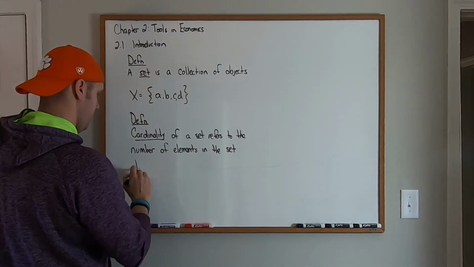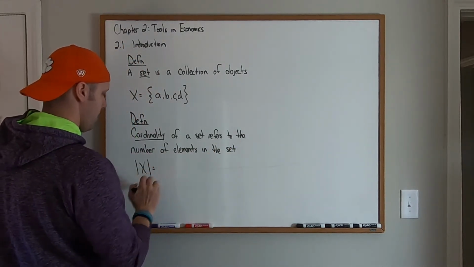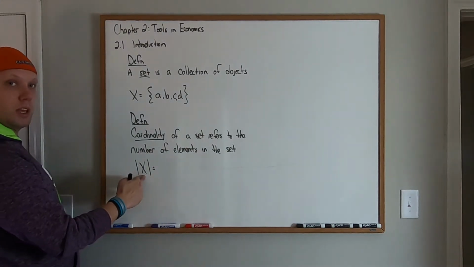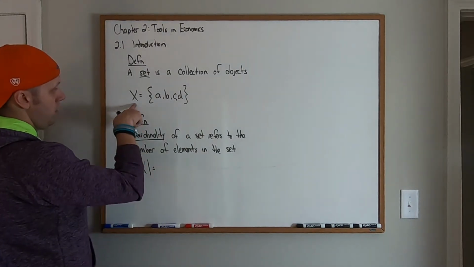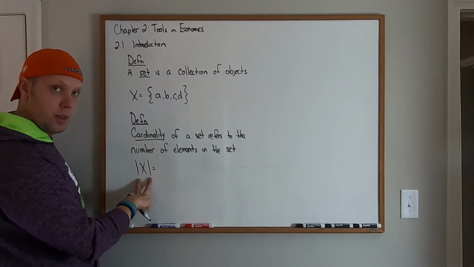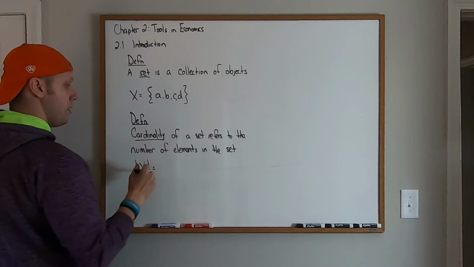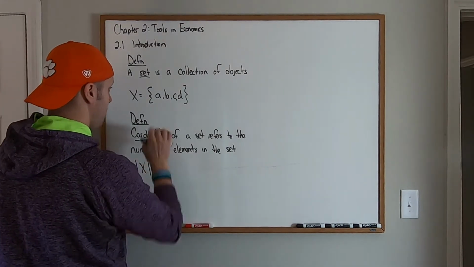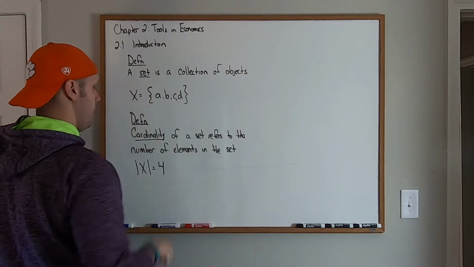For example, if I wanted the cardinality of X, which I will use the name of the set, in this case a capital X, I'll put two vertical bars around it to denote the cardinality. The cardinality of the set X is 4 because I have 1, 2, 3, 4 elements.